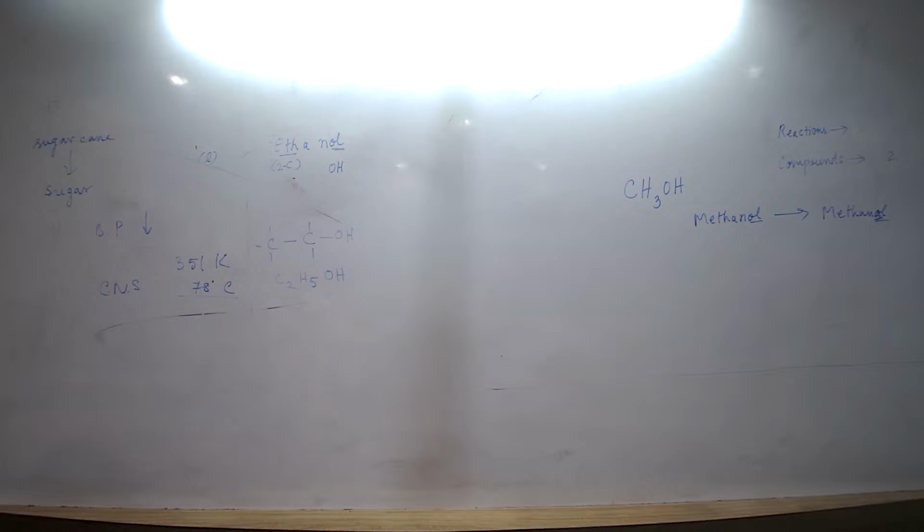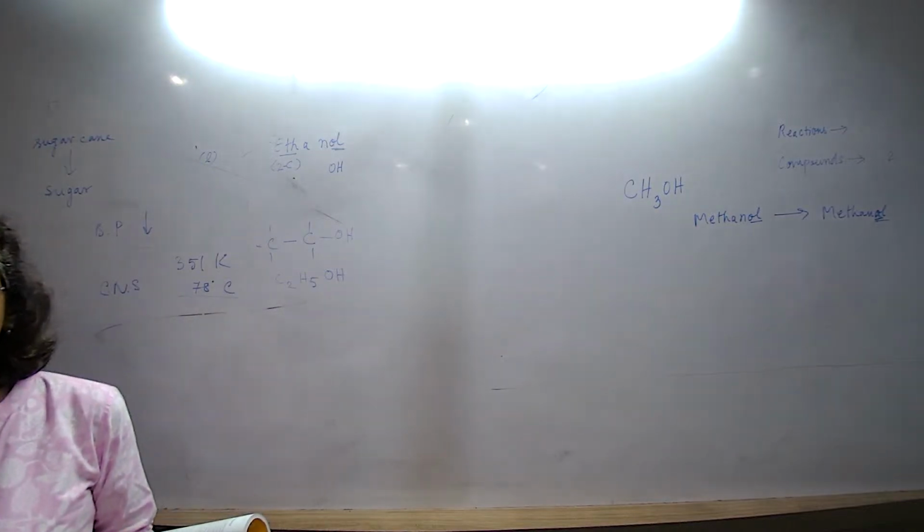Okay. Also, long-term consumption of alcohol leads to many health problems. Have you heard of liver cirrhosis? Liver cirrhosis, where the liver cells are actually getting damaged. Due to continuous drinking, obviously the cells of the liver are getting damaged.